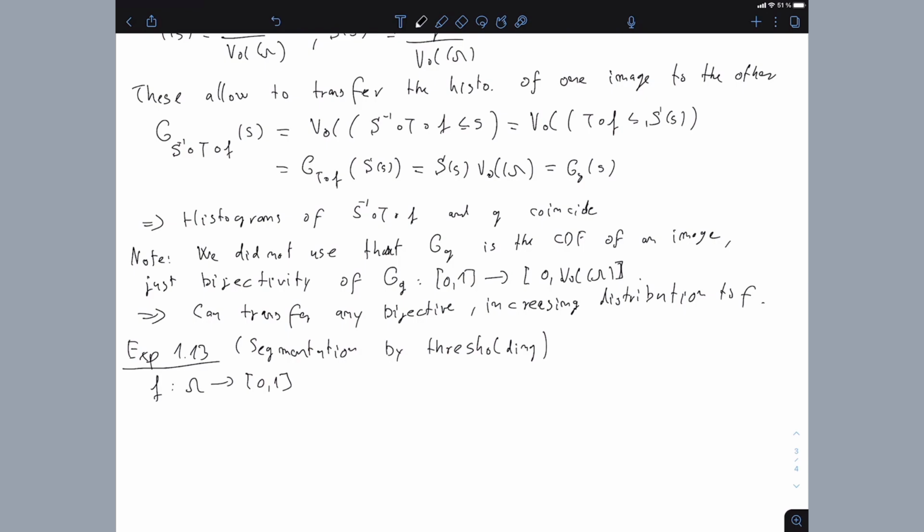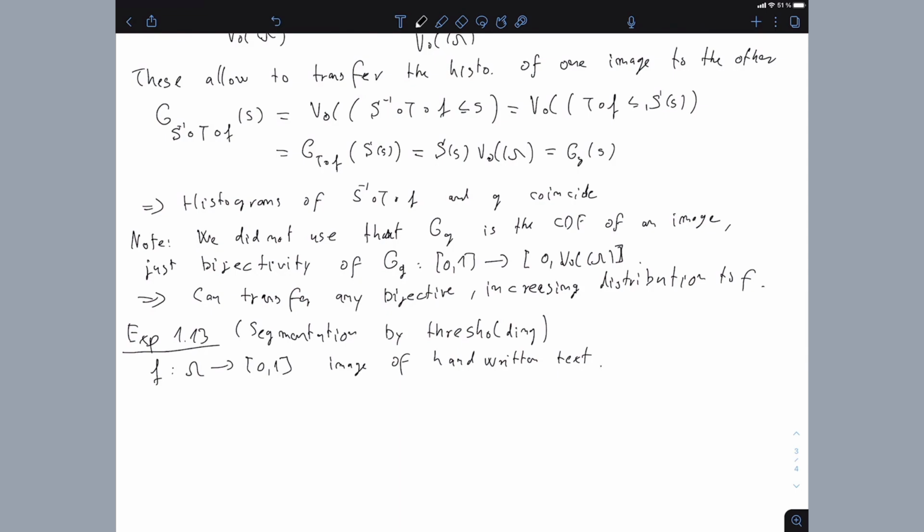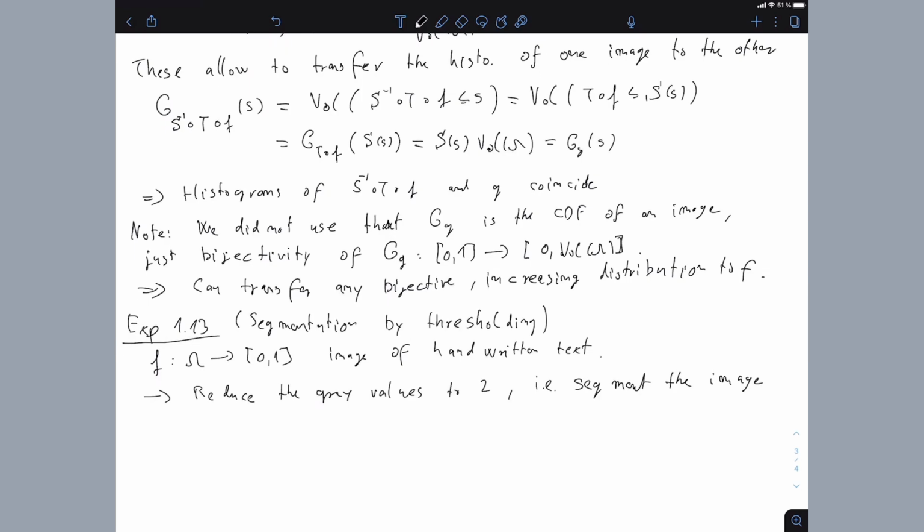So let's say f is an image of different text. Here, as I said, we want to reduce the number of values to 2, like text and no text, which we call segmentation of the image.